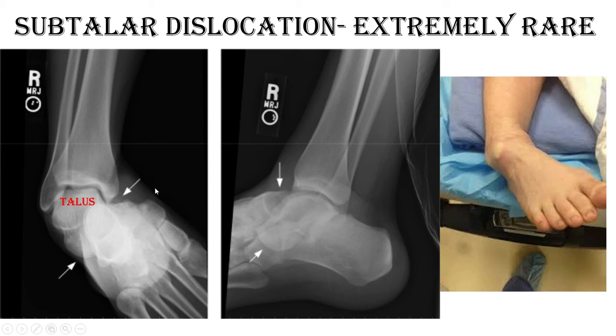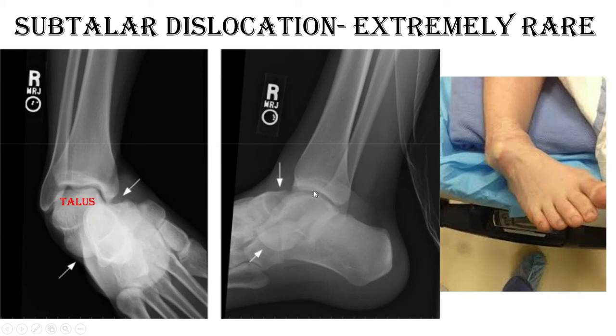If you get this type of ankle deformity following trauma, a fall from height or during playing football, you have to take an X-ray. In subtalar dislocation, the ankle mortise will be normal, and you can see the talus normal, but after that the whole foot will displace medially.